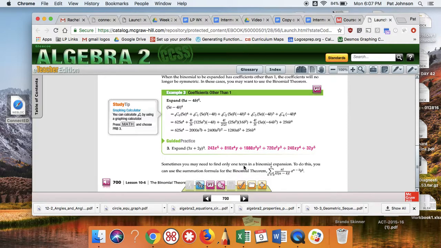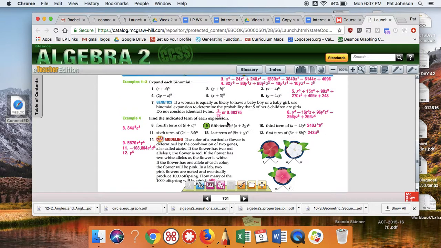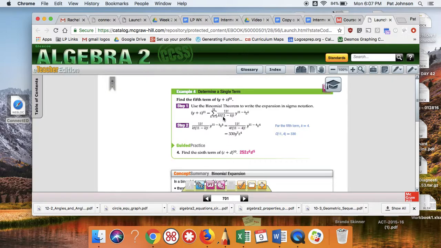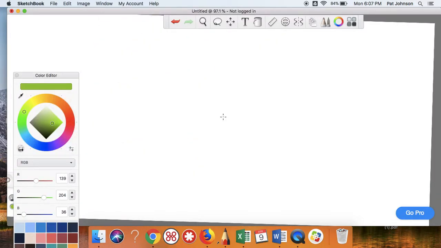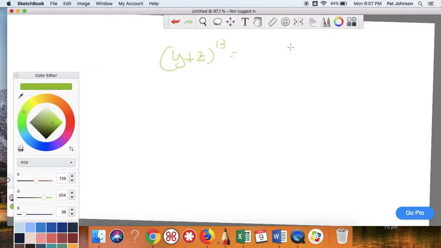Okay, so sometimes you might need to find only one term. So again, if they want us to find, let's look at this one here, y plus z to the 13th, and they want us to find the fifth term. So we know the coefficient is going to be C13.